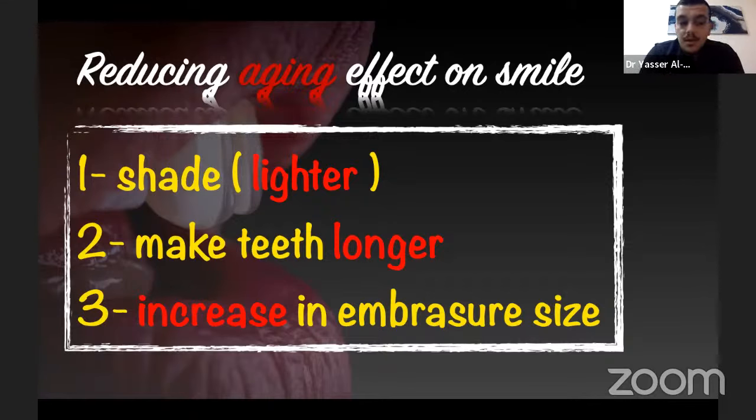So these three factors have an effect, and I do this in all cases with all patients. I choose the lighter shade, I pay attention to the golden and dental proportion, and I increase the embrasure area.